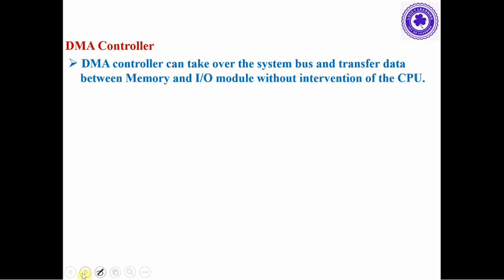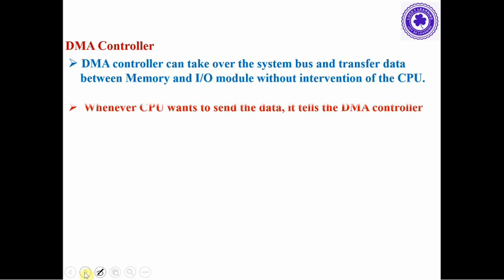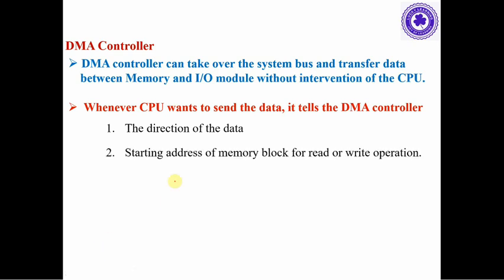The DMA controller can take over the system bus and transfer data between memory and IO modules without the intervention of the CPU. Whenever the CPU wants to send data, it tells the DMA controller the direction of the data, meaning to or from IO devices, read from memory or write to memory. It also has to tell the starting address of the memory block when it is to perform a burst transfer.